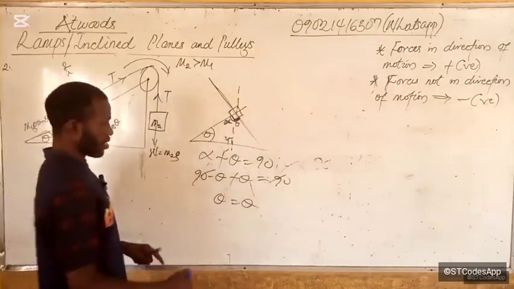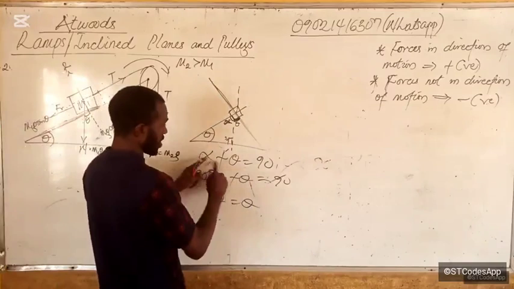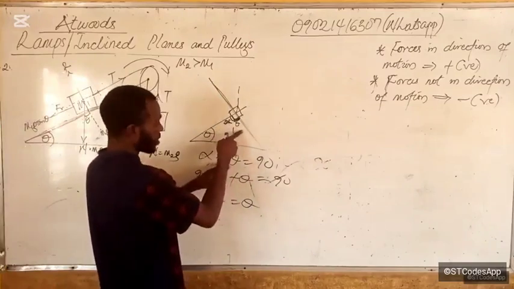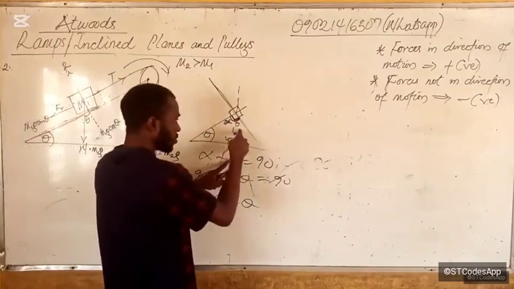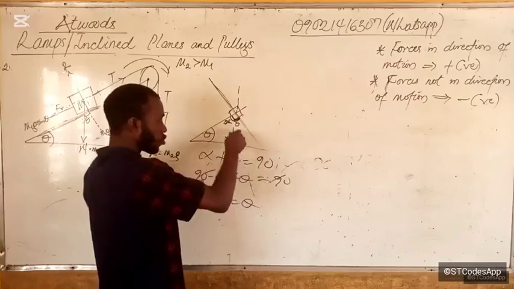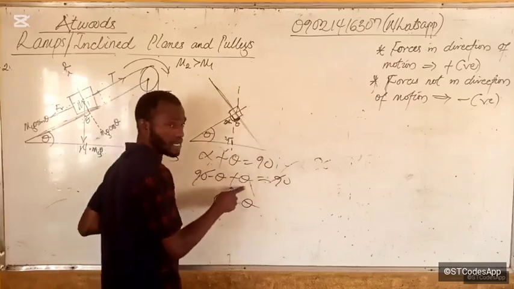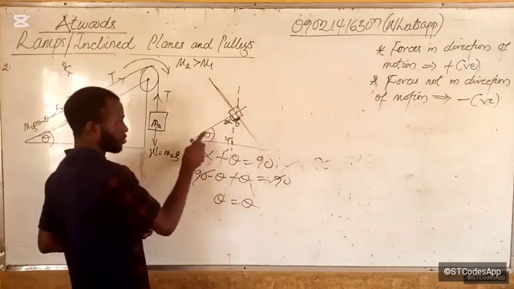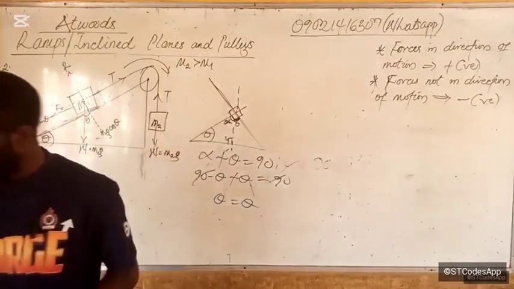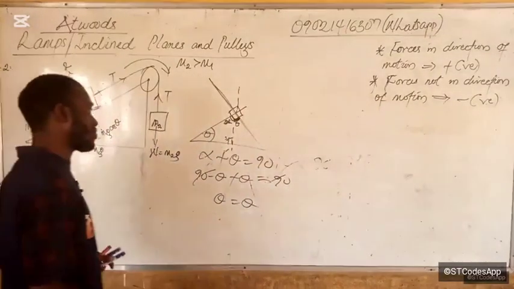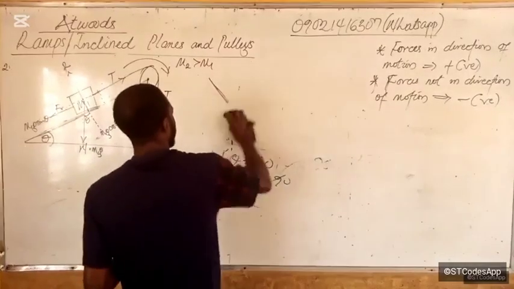Do you understand now? Because if we add up this alpha and this theta here, we will get 90. So I'm proving that it is also theta. Theta is equal to theta, so this place is this place. I hope that is clear to you. There are many other ways to prove it, but I will not waste our time.